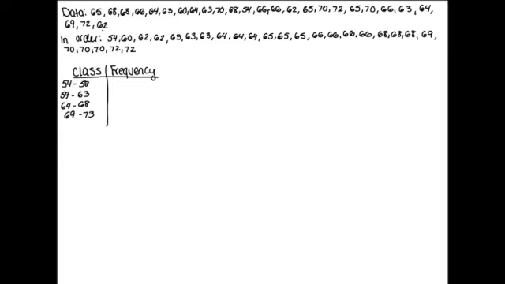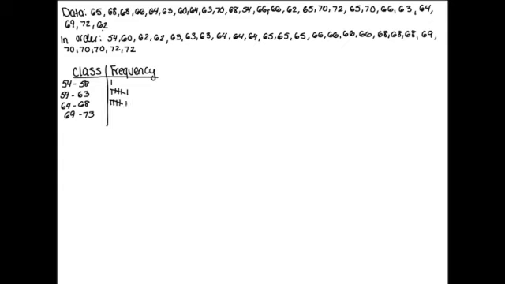So now I'm going to tally up my numbers and see my data. Our first class is 54 to 58. I have one 54. I don't have any 55s, no 56, no 57, and no 58s. Our next class is 59 to 63. I don't have any 59s. I have one 60. I have 2 62s, and I have 3 63s. Our next class is 64 to 68. I have 3 64s.